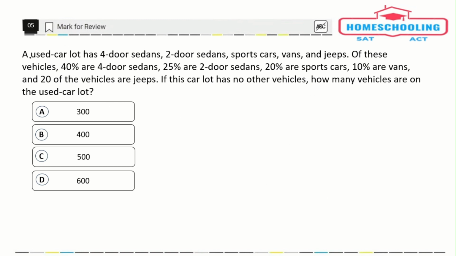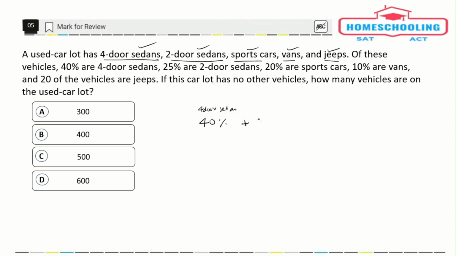So in this question, it is given that a used car lot has 4-door sedans, 2-door sedans, sports cars, vans and jeeps. So we have 5 types of vehicles here. Of these vehicles, 40% are 4-door sedans.